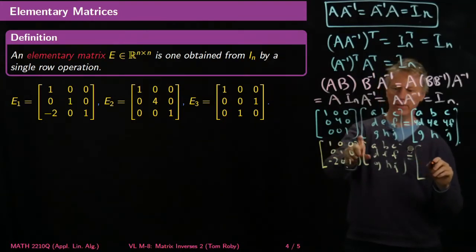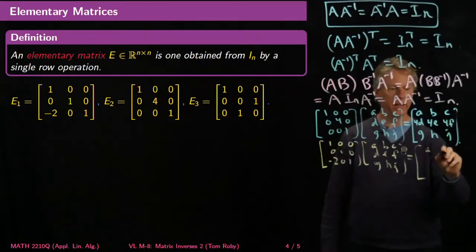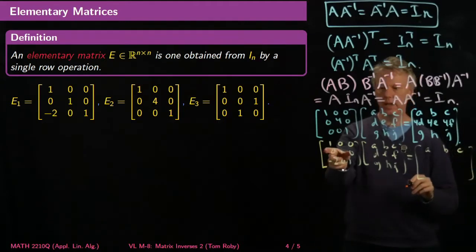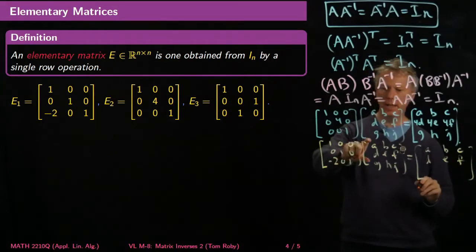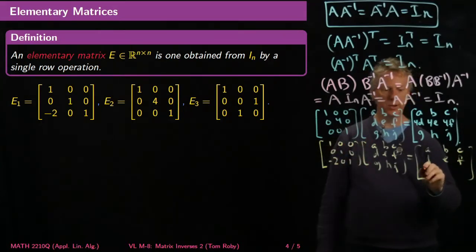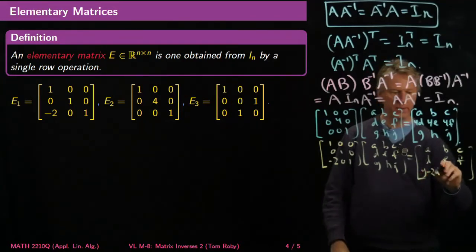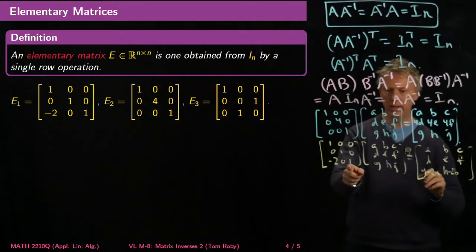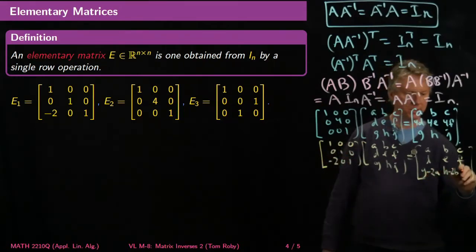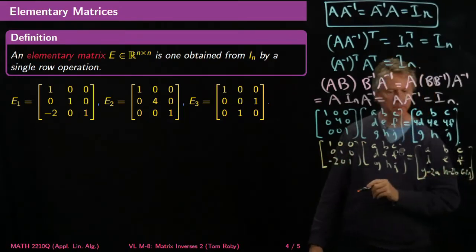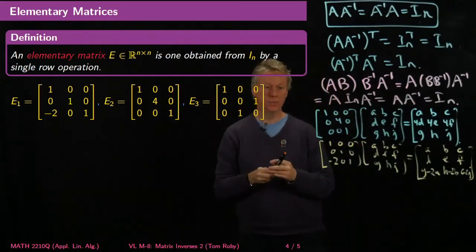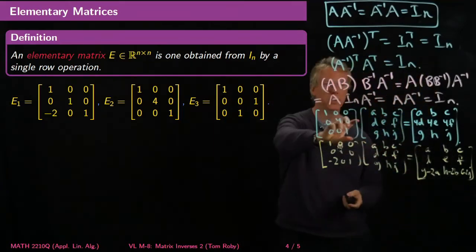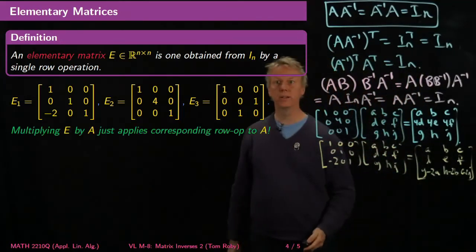Because I'll just dot this with this, and I'll get A, B, C. Now here, again, I'll get D, E, F. But now here, I'll have -2 times this plus this, so I'll get G minus 2A, H minus 2B, and J minus 2C. And I'll let you check this last one, that one does exactly what I'm claiming. It'll just interchange these two rows of the matrix.